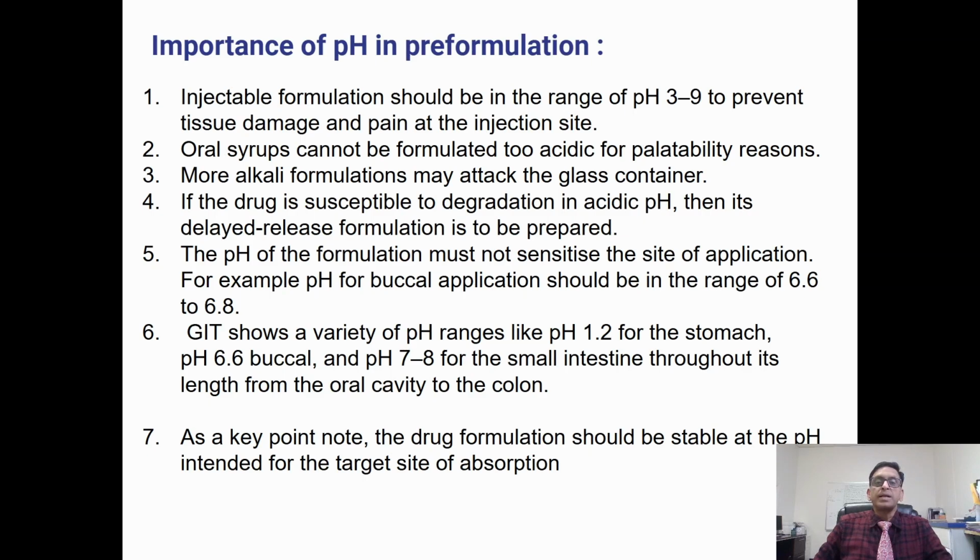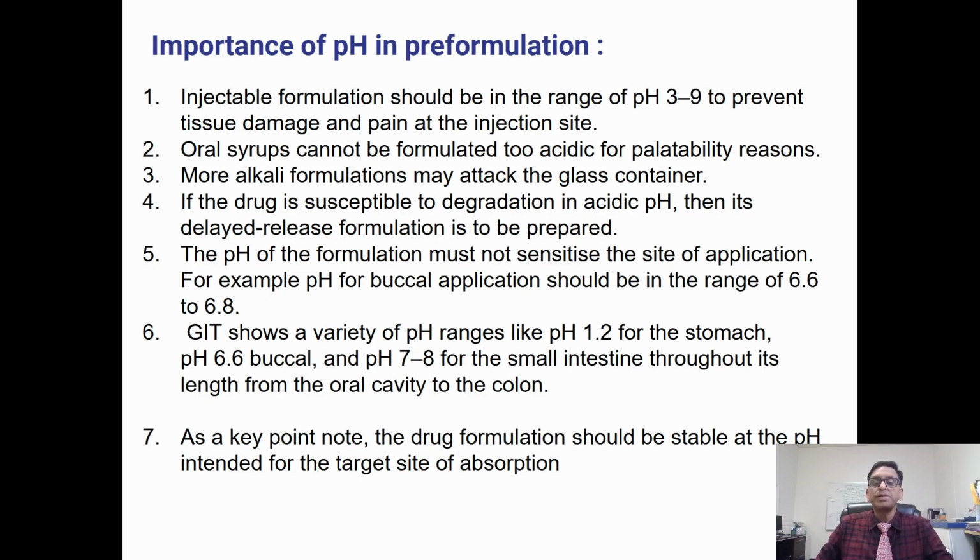Similarly, if a drug is more susceptible to degradation in acidic pH, it can be formulated into a delayed release, extended release or controlled release formulation, which is an ideal dosage form to avoid degradation in acidic pH.